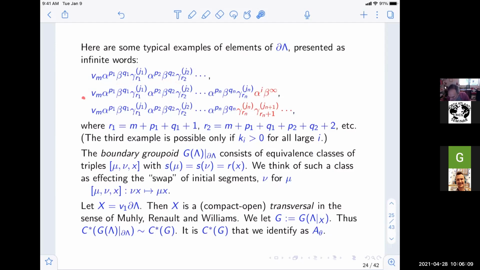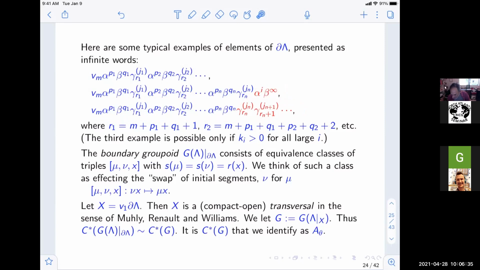Here we have an example that has some initial part and then an infinite element from lambda 1. And here we have an initial part and then an infinite element from lambda 2. So here we have really an infinite path in the one graph, lambda 2.